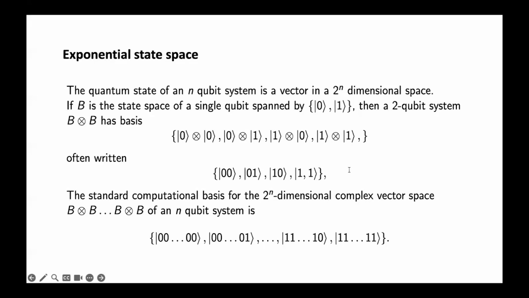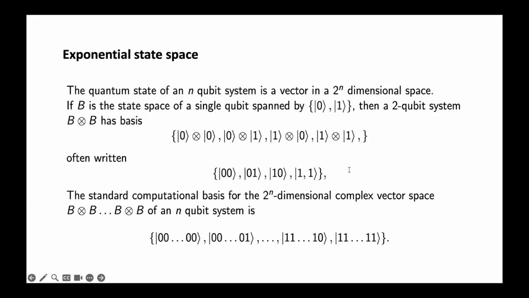Often we write this representation in a simpler form: 00, 01, 10, 11. We are going to follow this notation in the next slides and discussion. But please have in mind that when you see this symbol, it simply means 0 tensor 1, for instance.